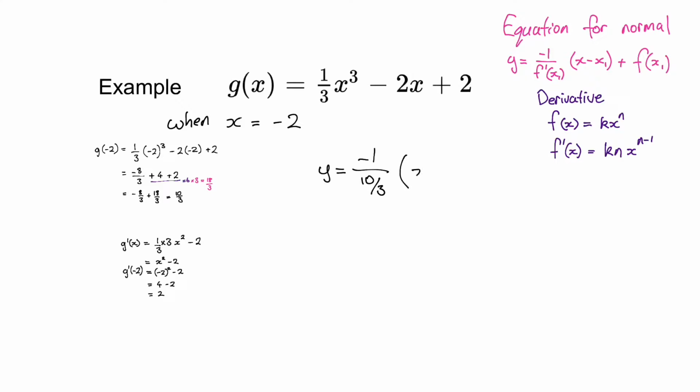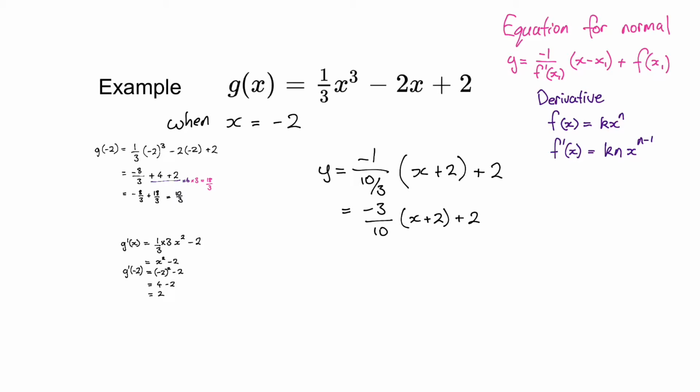Then we just put in our x minus 2, so that becomes a plus 2. Close the bracket. And then we put in our function value, which was 2, so it's just plus 2 at the end. First thing we should do is simplify this fraction. So putting that, the very bottom goes to the very top, so we get minus 3 over 10 outside of x plus 2, plus 2.